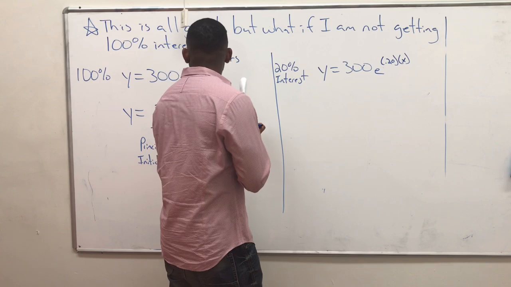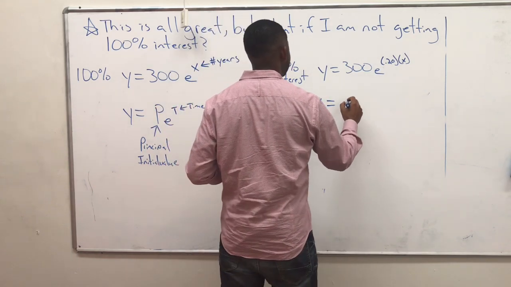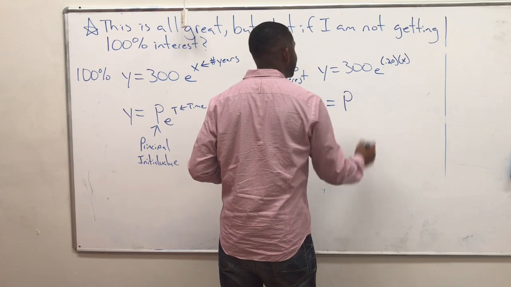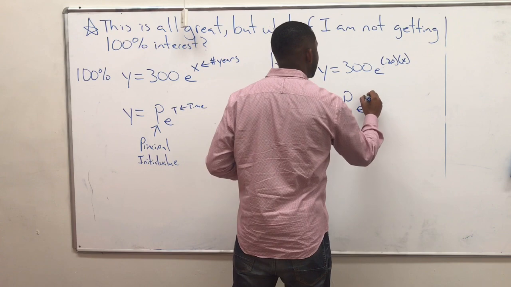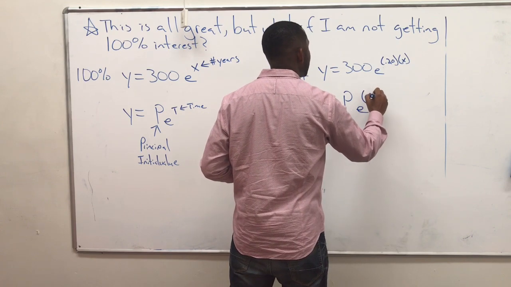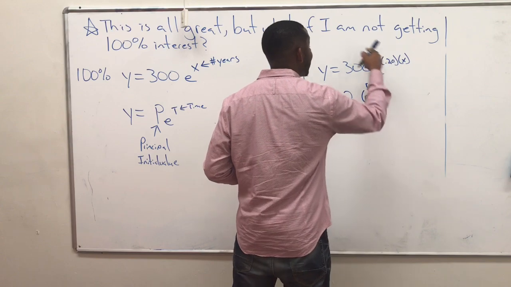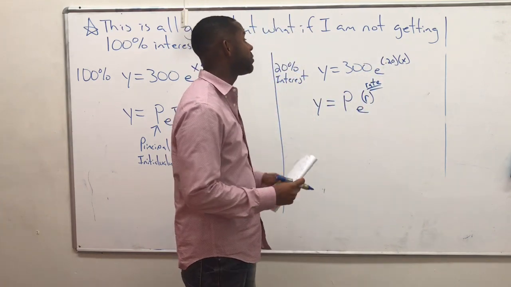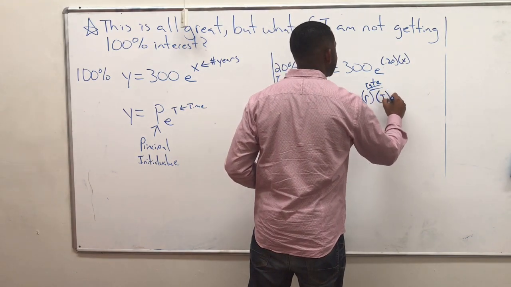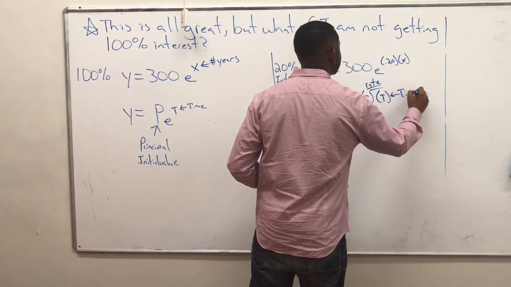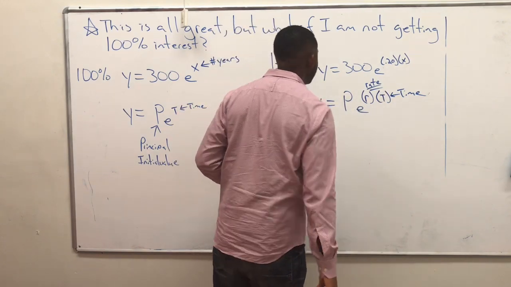But let's see how that actually plays out with this little abbreviation. Y equals 300 is still my principal, P. E is still E. That 0.20 is called your R. That is your rate, right? That's the rate that we're working with. They're not giving us 100%, they're giving us 20%. And X is still T, being time. And that spells out PERT, P times E to the RT, right?